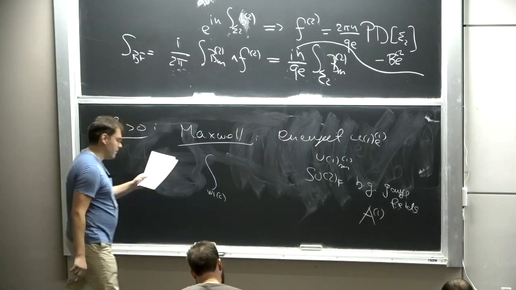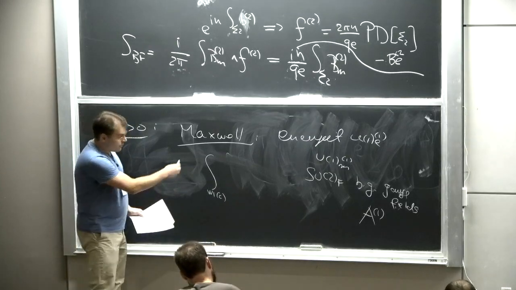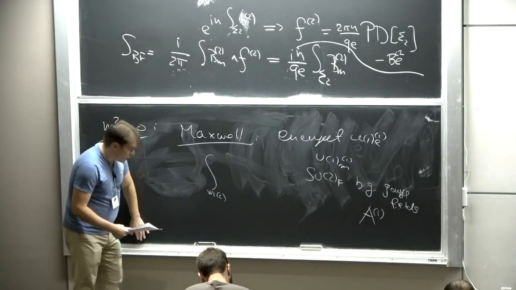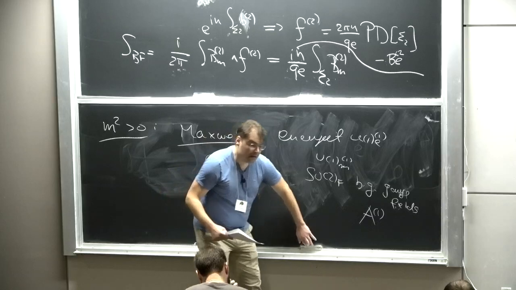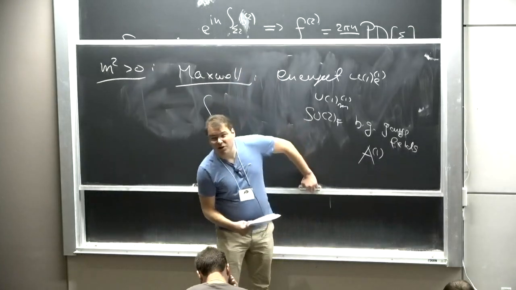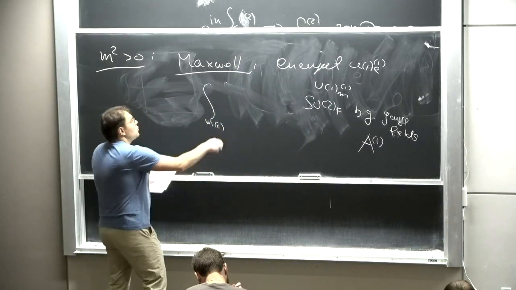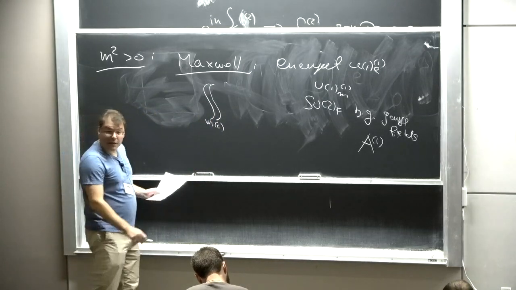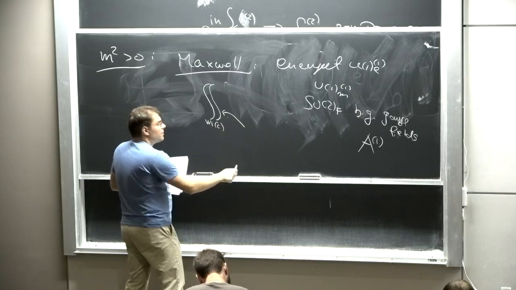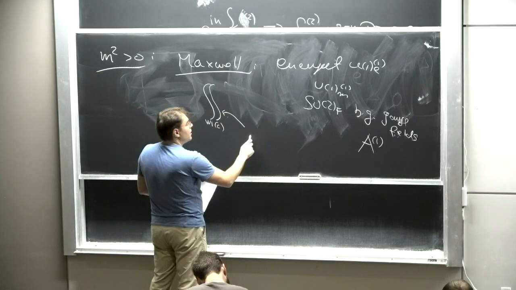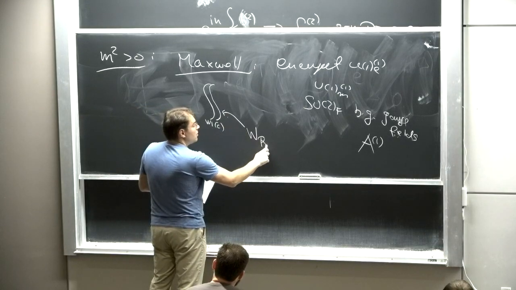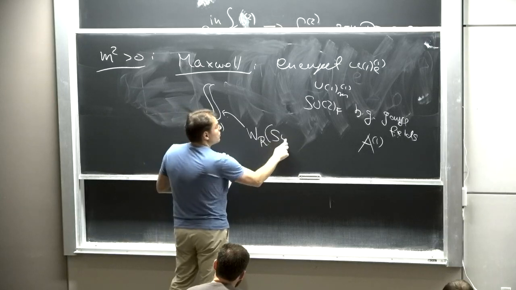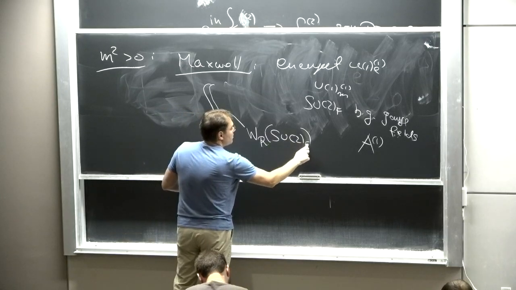valued in the Lie algebra of SU2, then one way you might think of encoding the statement that the Wilson line has some charge under this SU2 symmetry is to superimpose on it a Wilson line for the background gauge field. So you can add on top of this a Wilson line in the representation R of the SU2 flavor gauge field, right?